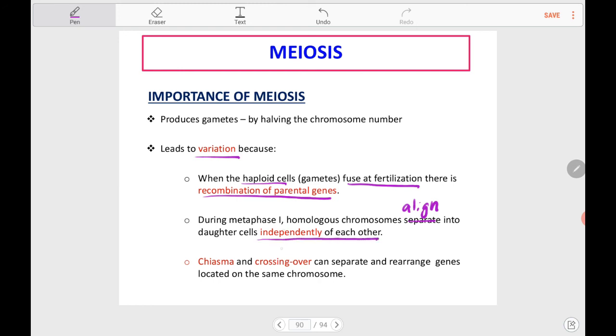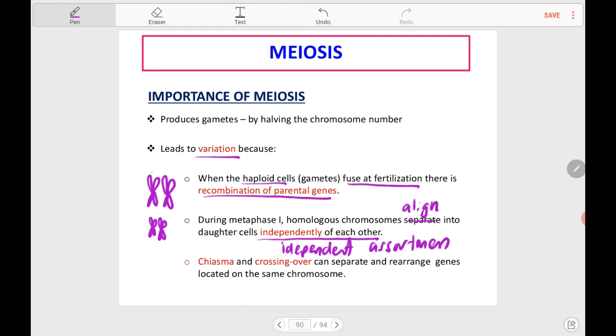So ini kita panggil sebagai independent assortment. Maksudnya, setiap pasangan kromosom ataupun kita panggil sebagai bivalent will align on the metaphase plate independently of the other bivalent.